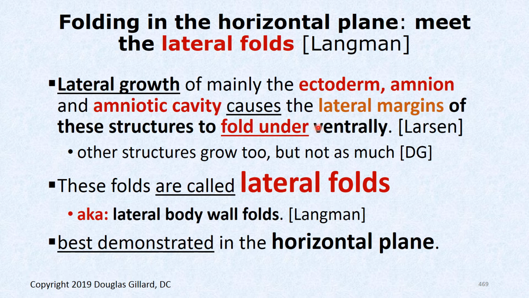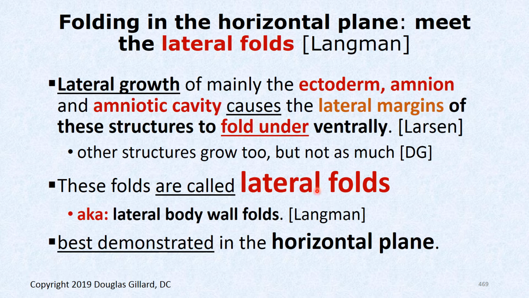So mainly the ectoderm, amnion, and amniotic cavity just start growing laterally like crazy. The endoderm doesn't, and therefore the endoderm kind of acts like a pivot point around which the growing ectoderm and amniotic cavity get bent because of the slow growth of the endoderm.